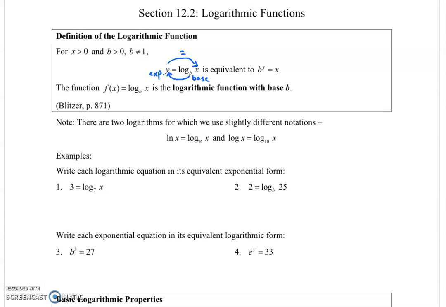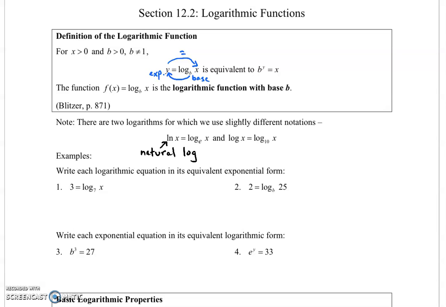So we don't write log base e, instead we write ln, which again stands for natural log. And if the base on the logarithm is 10, we don't write the base there, we just write log of x. So if you see a plain old log with no base, it means the base is 10.